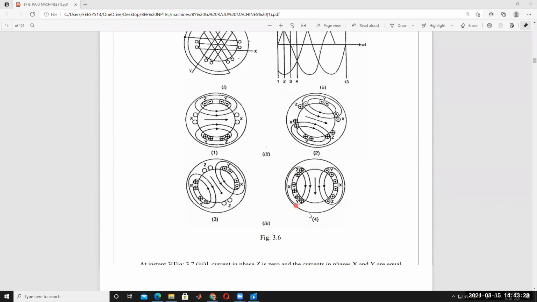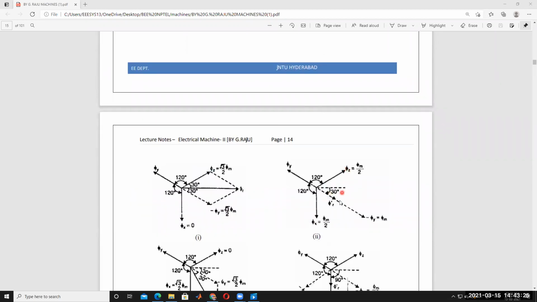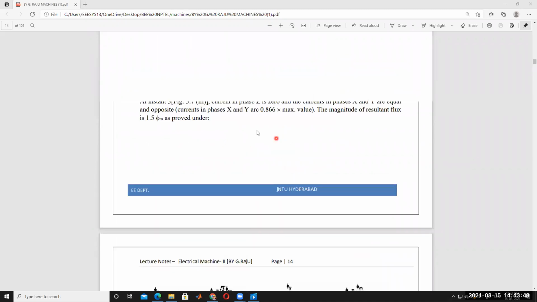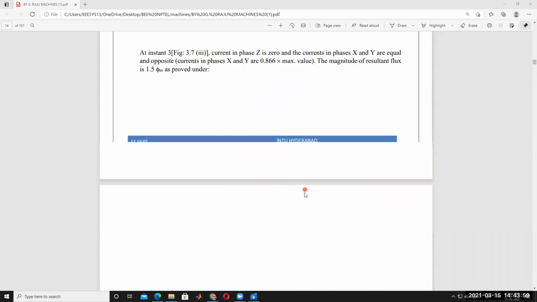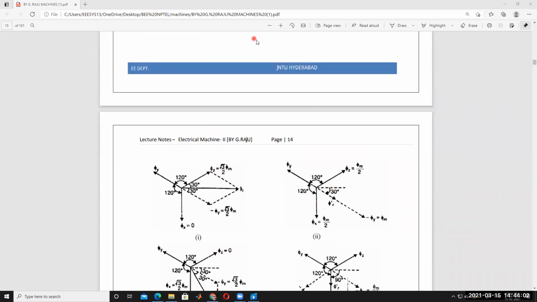That is given by 2a cos(alpha by 2). The resultant of these two is 2a cos(alpha by 2), along this direction. So phi r dash is 2a cos(alpha by 2), and we find it using that formula. 2 into phi m by 2 into cos(alpha by 2), but alpha is 120 degrees.